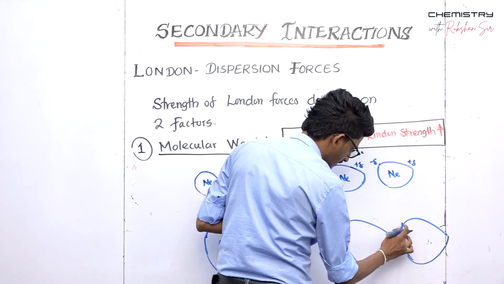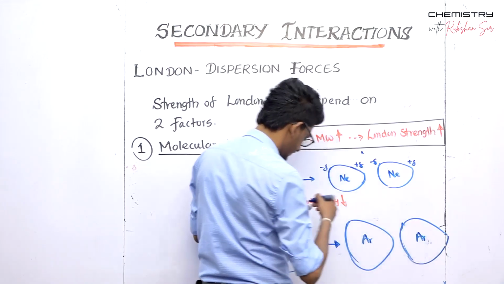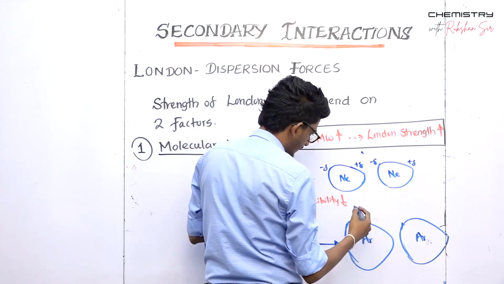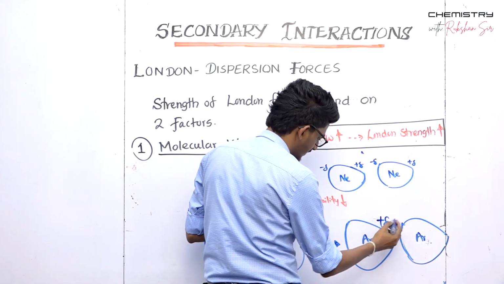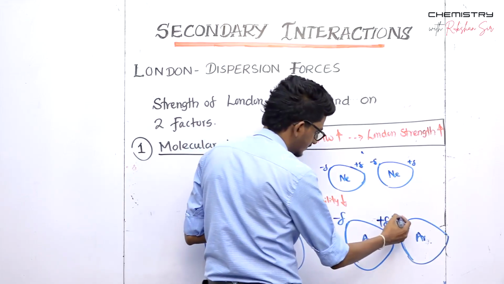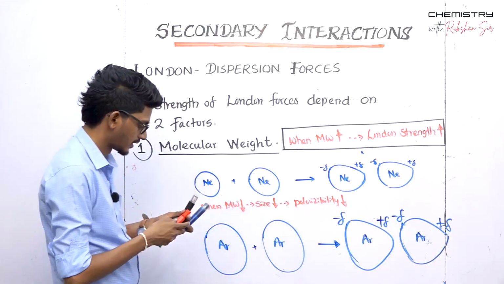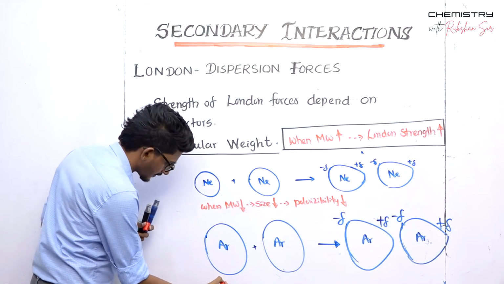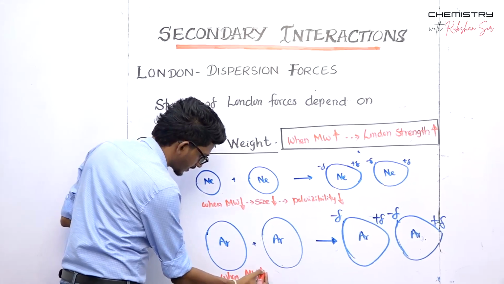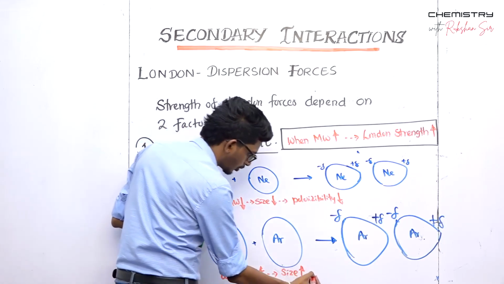Poles with greater positive charge will be formed here, as well as negative charge. This delta is greater than this. This is because when molecular weight is high, your size is high, and that means your polarizability is high.